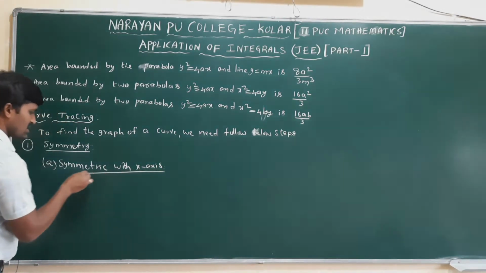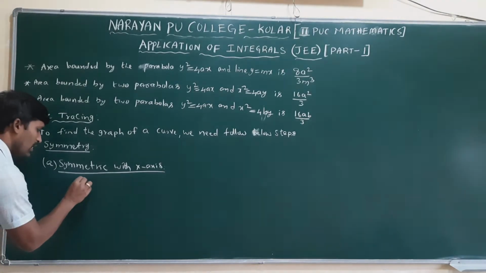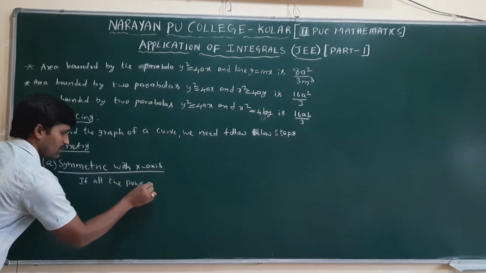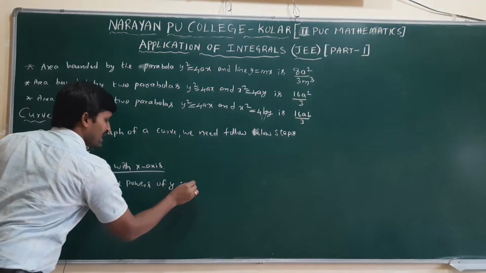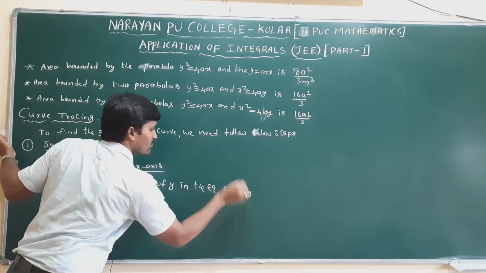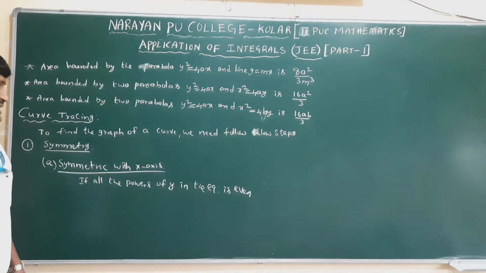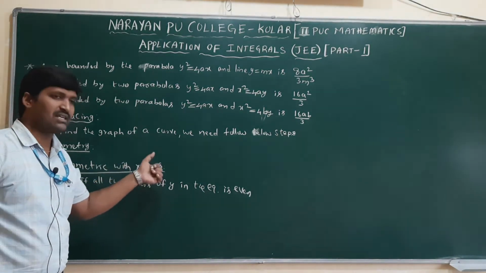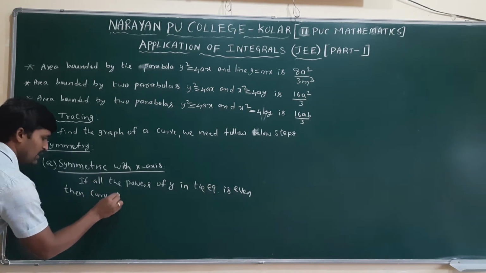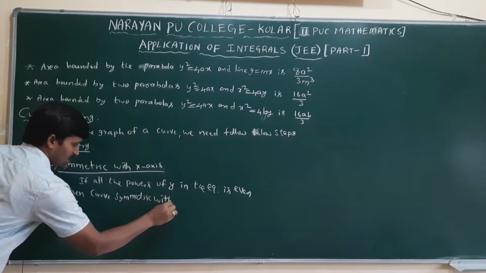We call the given curve symmetric with respect to the x-axis if all the powers of y in the equation are even. If all the powers of y in the equation are even, then the curve is symmetric with the x-axis.